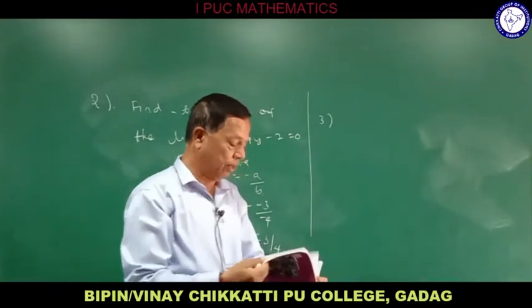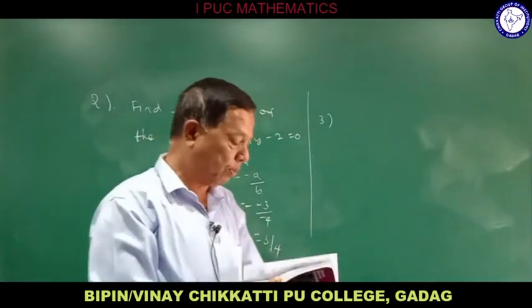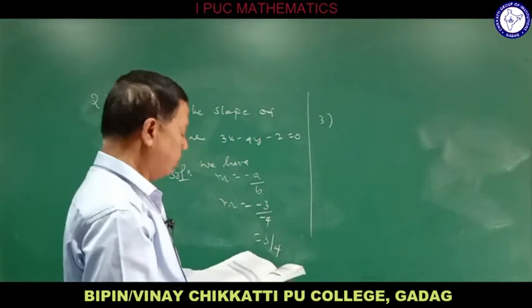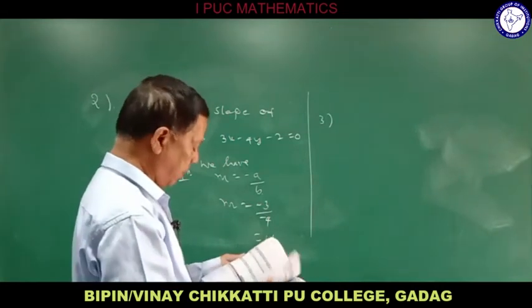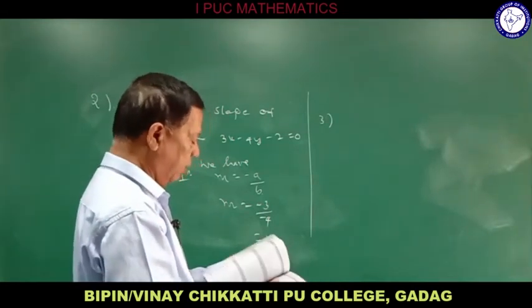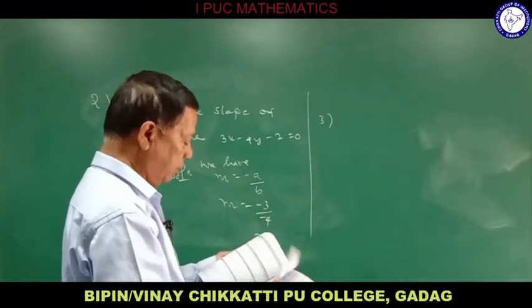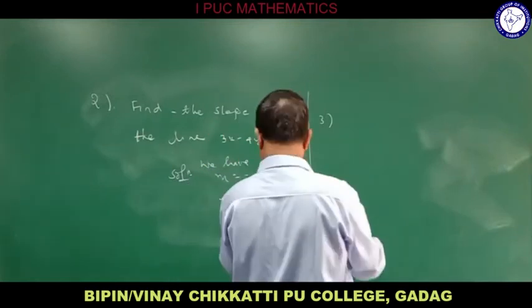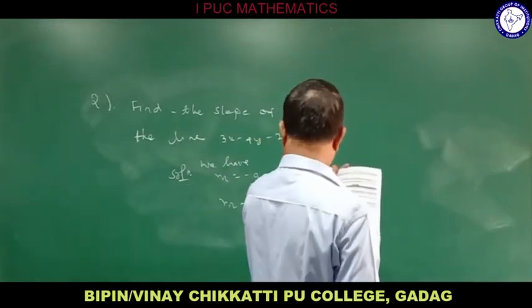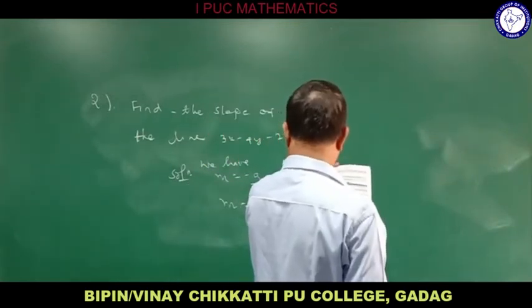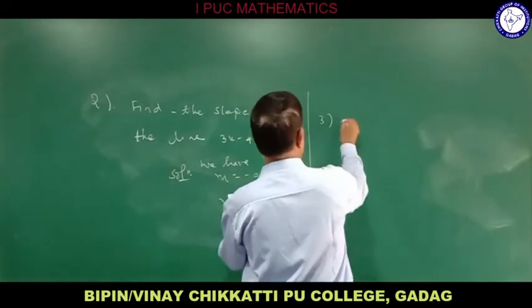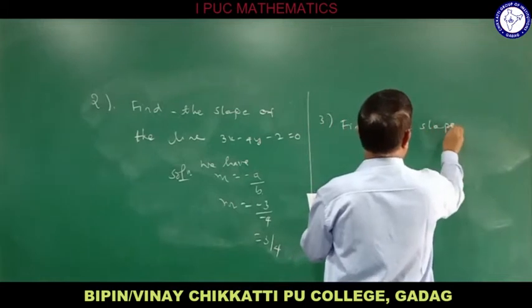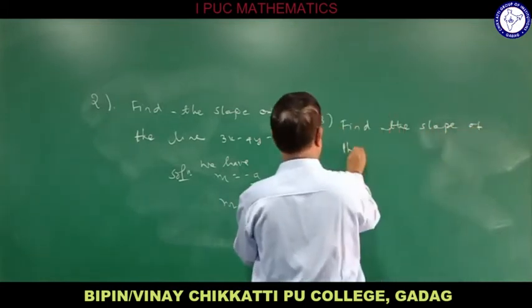Accordingly I want to discuss paper number 3 here. See the first question: find the slope of the line. See, it's something different here. Find the slope of the line.